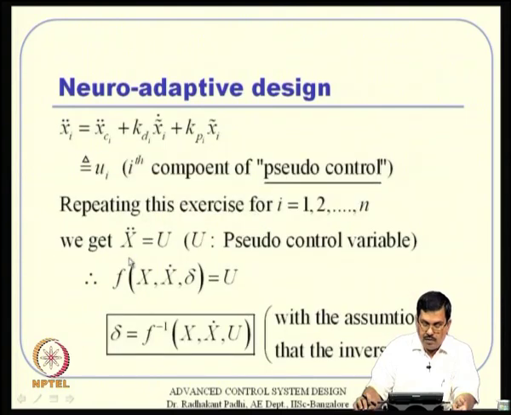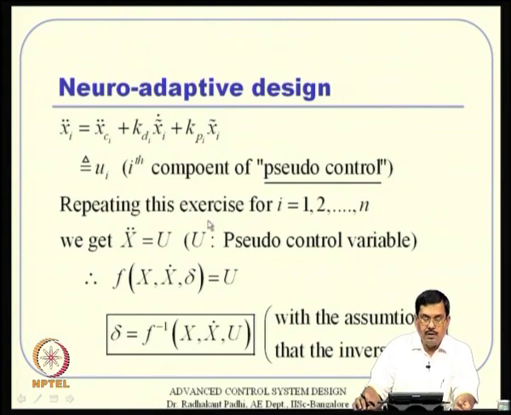Then I will arrive at x double dot equal to u. This u is the pseudo control vector, the pseudo control variable in general. So, remember, one way to interpret the dynamic inversion design is: let me design a pseudo control first, because that is what is meant by pseudo control here.